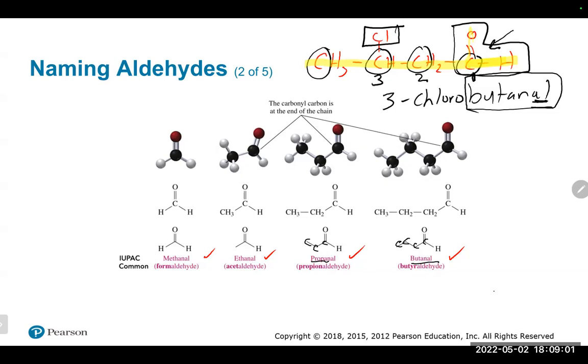So it's just like everything else. You want to always go for the longest continuous carbon chain. But again, kind of like with the OH group or the double bonds, it has to contain the functional group as part of that longest carbon chain. And then that's how you base your name on it. And wherever that carbon oxygen double bond is located, that carbon will always be carbon number 1 in terms of numbering. Other questions?